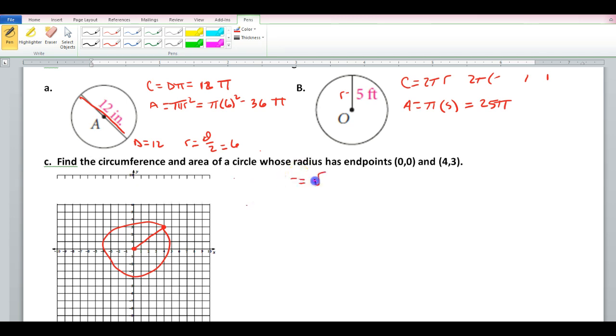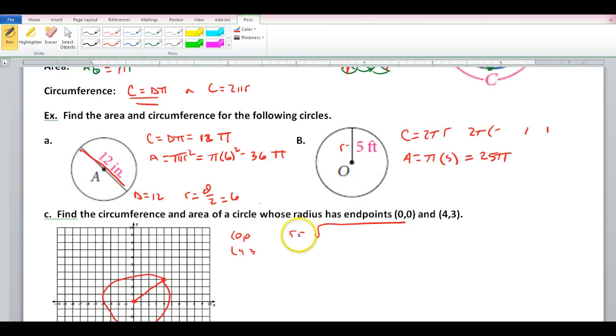the radius is equal to the square root of the quantity 4 minus 0, all squared, plus 3 minus 0, all squared.